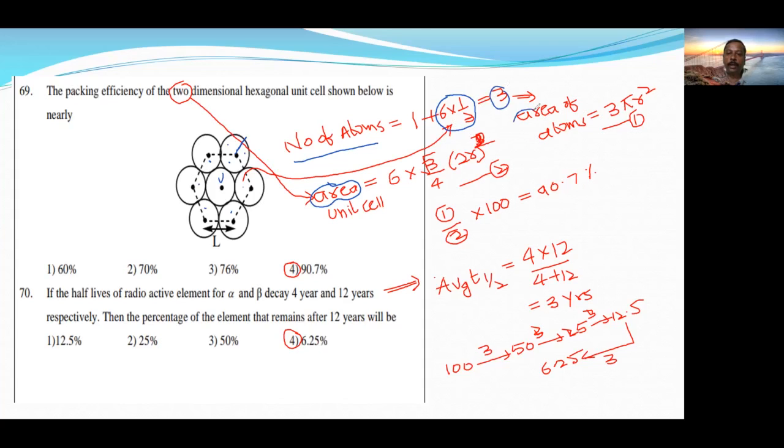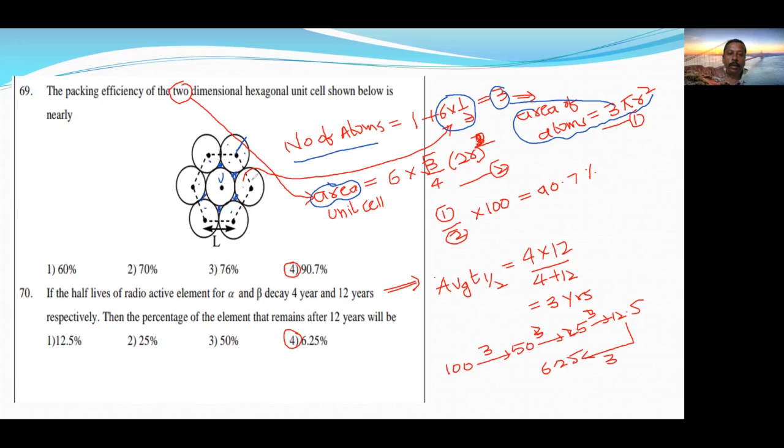And area of atom, here we are not taking volume because it is two-dimensional. So 3 into pi r square. This is the area occupied. This is the empty space, which we are not counting. We are counting only the occupied space.